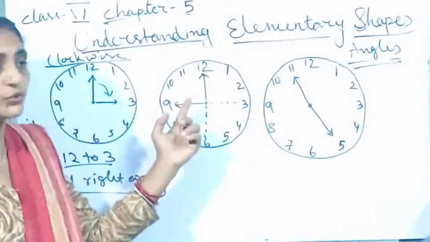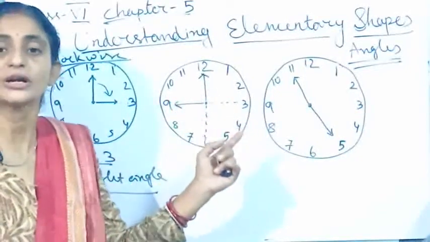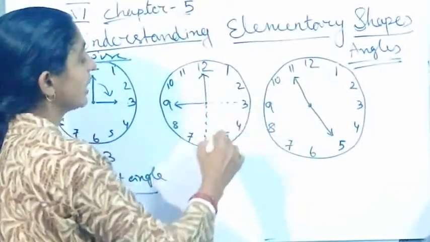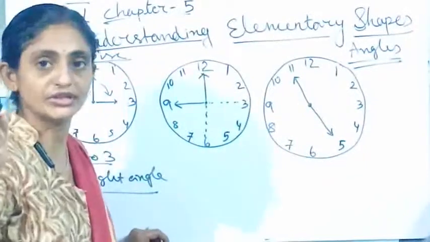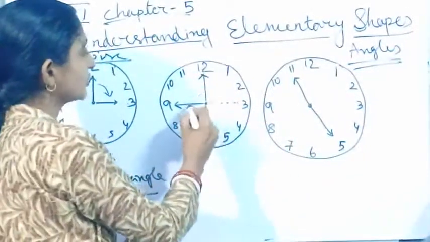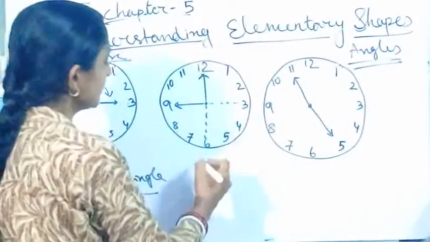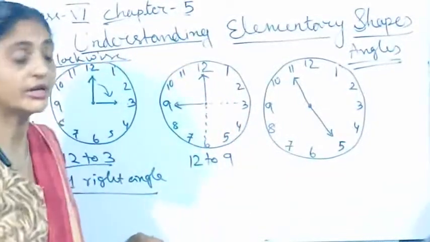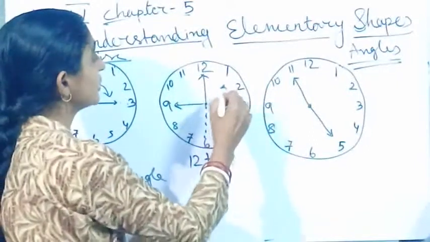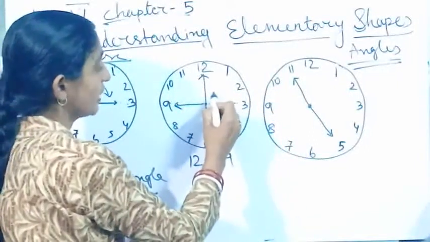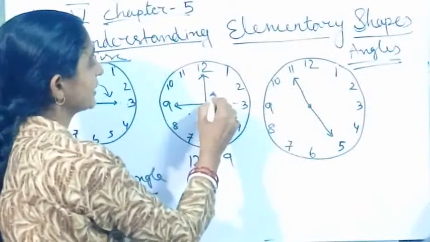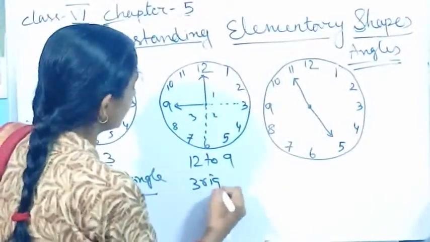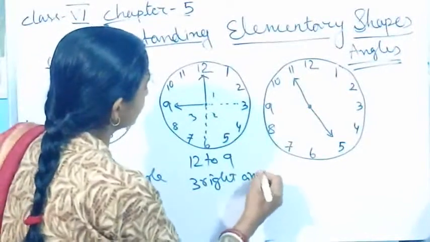The 4 equal parts make a complete angle. If it starts from 12 and comes back to 12, it will be a complete angle. But here you are asked from 12 to 9. It moves from 12 and goes up to number 9. So how many right angles do you get here? You can see this is 1, 2, 3. So my answer will be 3 right angles.